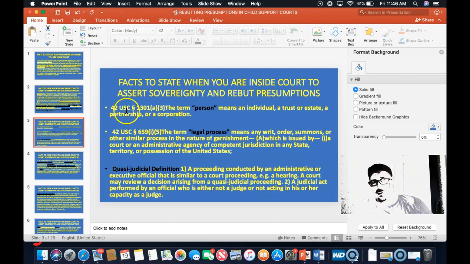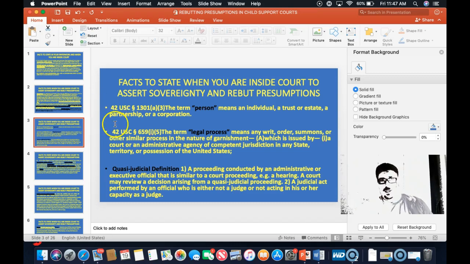We're using 42 U.S.C. because that's where the Social Security Act and the Child Support Enforcement are, and they use that in the courts. 42 U.S.C. 666. I also got some really good news that I discovered for you guys to use, and I'll show it in a couple of minutes.